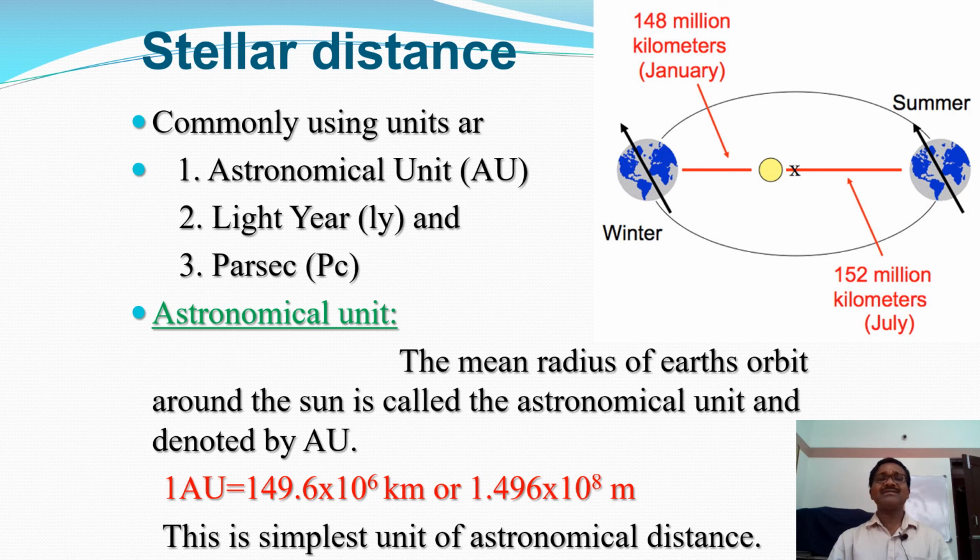So stellar distance is too large. As physics people, in practical classes we measure the size of a small sphere by an instrument, that is a screw gauge, the micrometer or millimeter screw gauge.